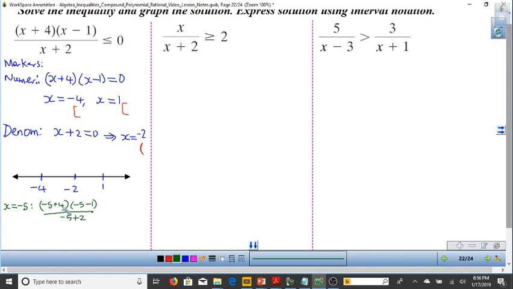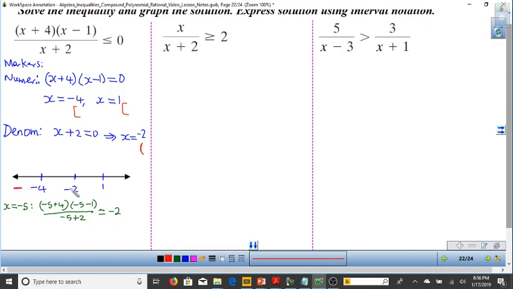And so we have negative 1 times negative 6 is positive 6 over negative 3. And that gives you a negative number, a negative 2. So our inequality on the left side gives us a negative.